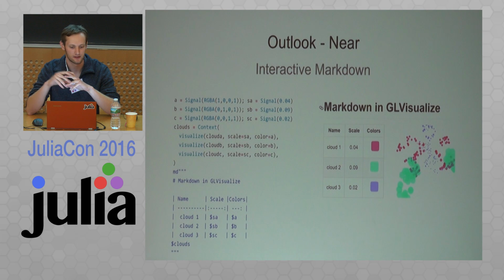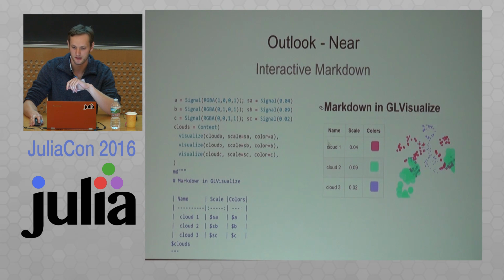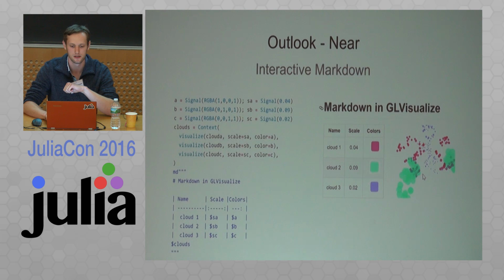So with all these widgets I have in GLVisualize, it would be pretty straightforward to make an interactive markdown renderer in GLVisualize. So it could look like this, that you have this table with these variables, and these could be slidable, and these could be actual color choosers. And then you have the visualization of that data set right beside it. I think that would be a pretty cool use case.